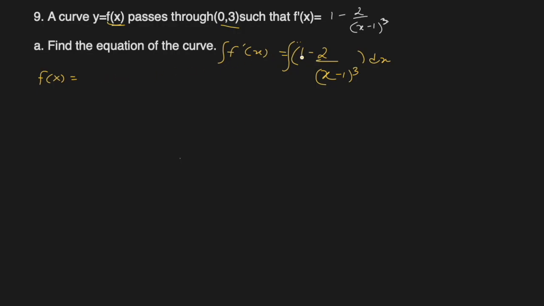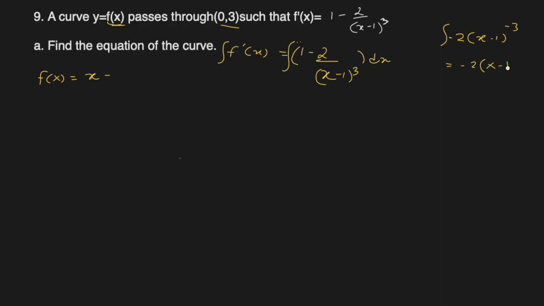Okay, the integration of 1 will be x minus. For this, let me do some work here. I can write this as minus 2 (x minus 1) to the power negative 3. This cube goes up and becomes negative. And now I have to integrate this. So to integrate this, it will be minus 2.